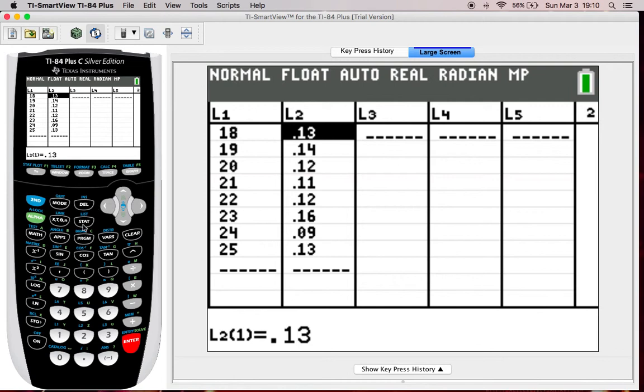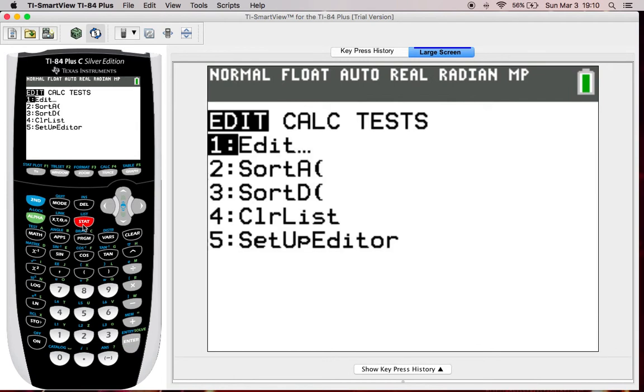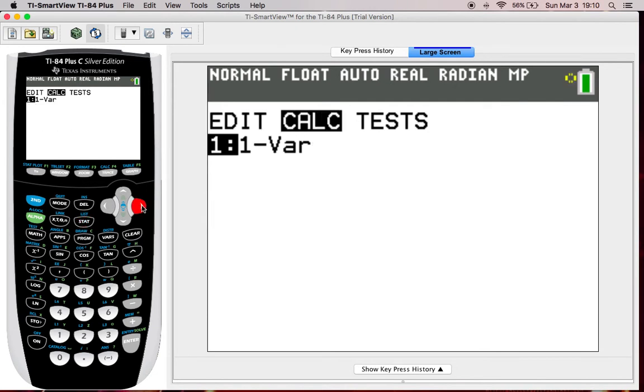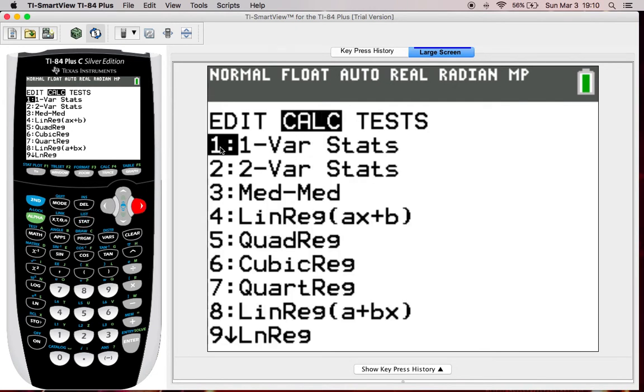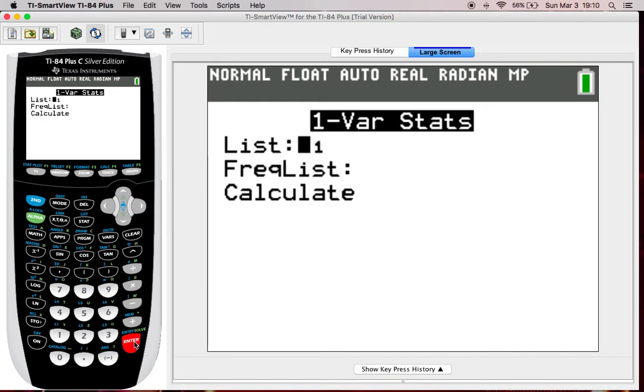Now I'm going to hit Stat. I'm going to arrow over to Calc, and use our favorite button so far, number 1, 1-Var Stats. The list is going to be the list of your X values, so in this case, that's the ages.